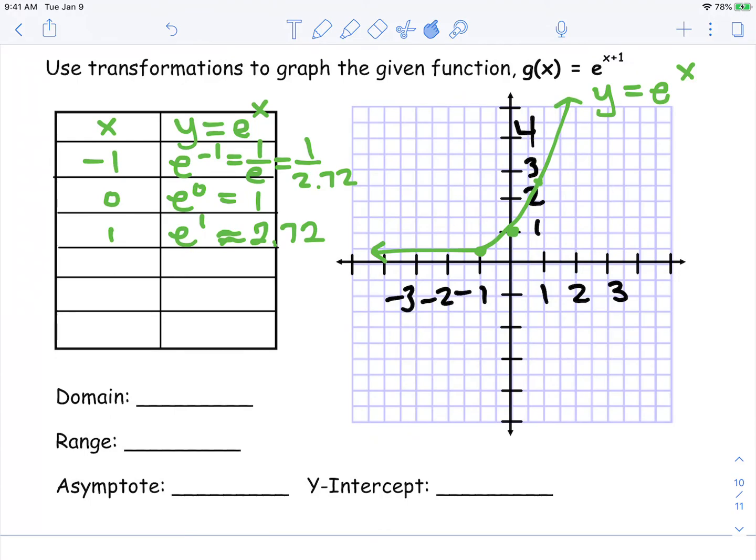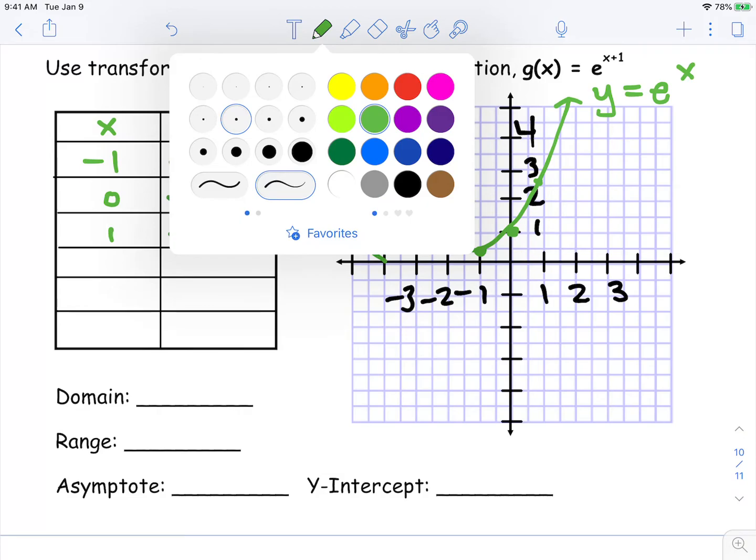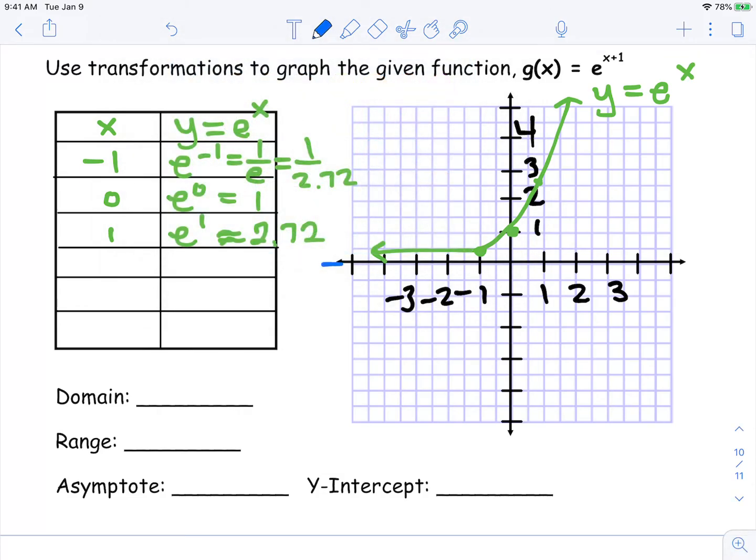The domain of that parent function is the same as a base 2, a base 3. It's going to have all real numbers. It also has that horizontal asymptote at y equals 0, y-intercept of 0, 1, range of values above that blue line.